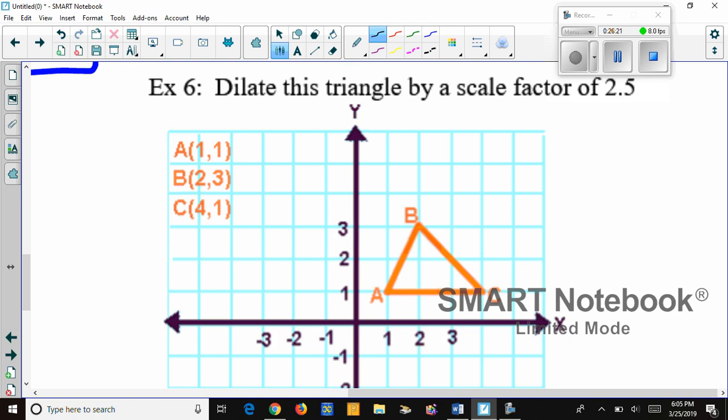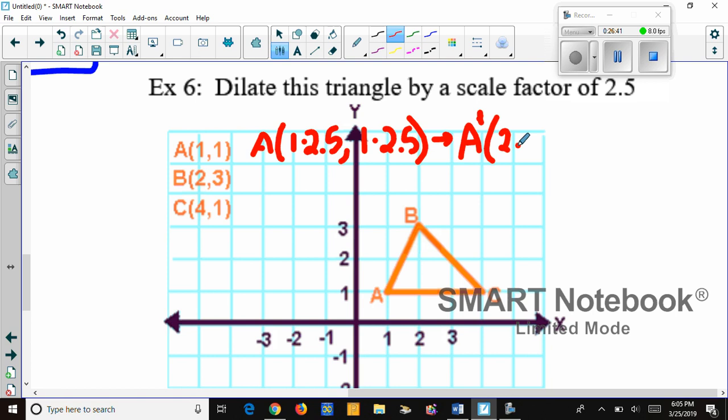That's okay. What we're going to do is take A and multiply both numbers by 2.5. And it's going to give me a new ordered pair of A prime, which is at 2.5, 2.5.